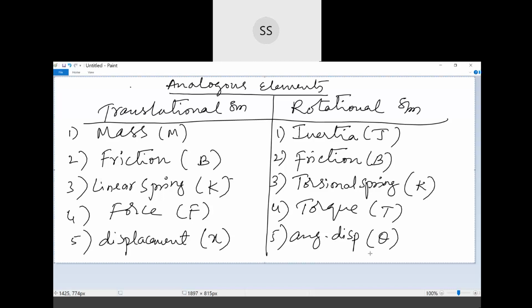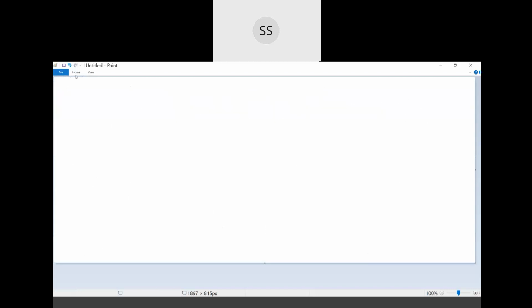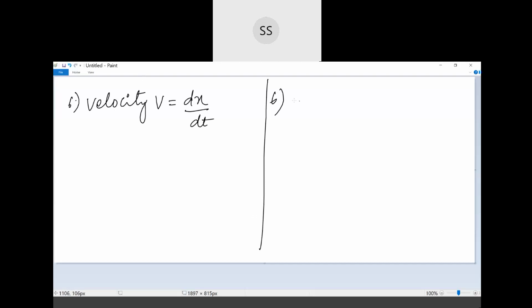Still we have two more things to write. Next we have the velocity. In translational systems, velocity v is equal to dx by dt, whereas in rotational systems we have angular velocity, written as omega equal to d theta by dt.